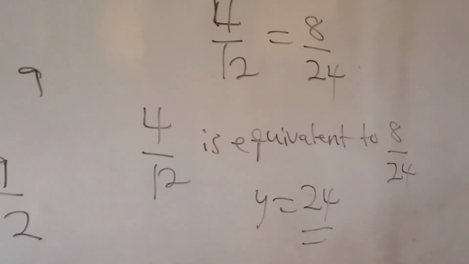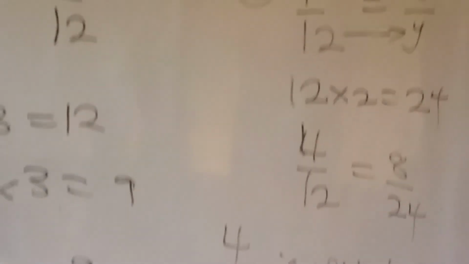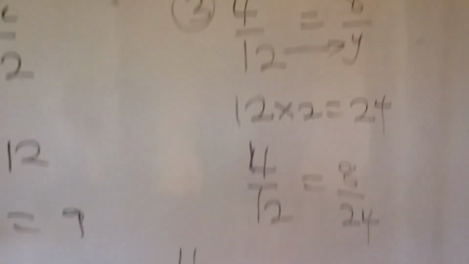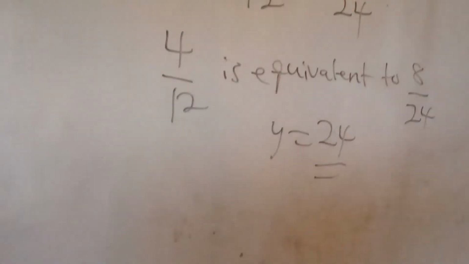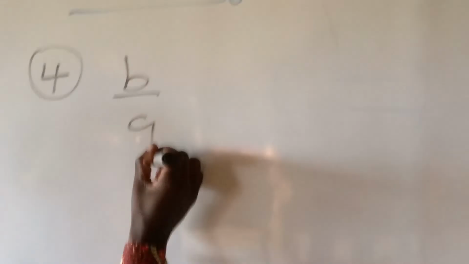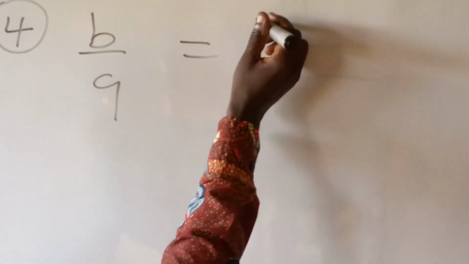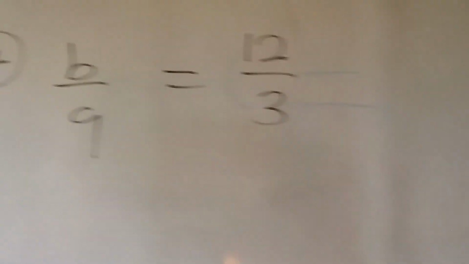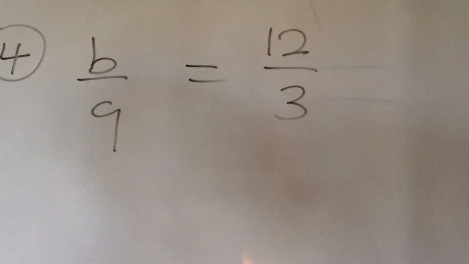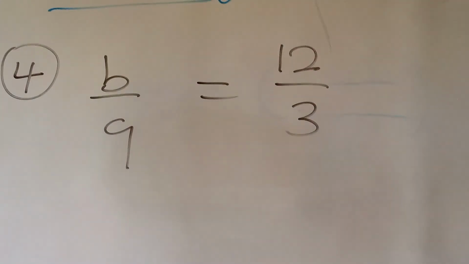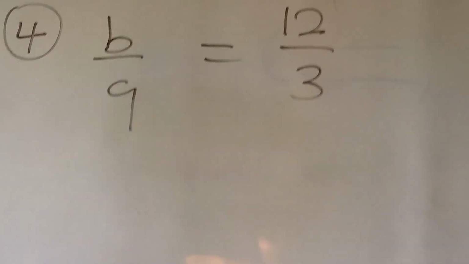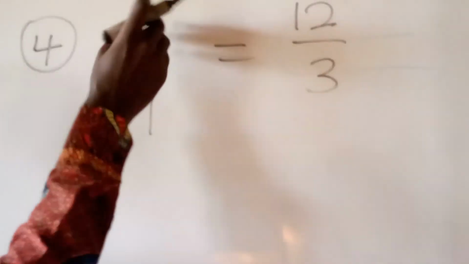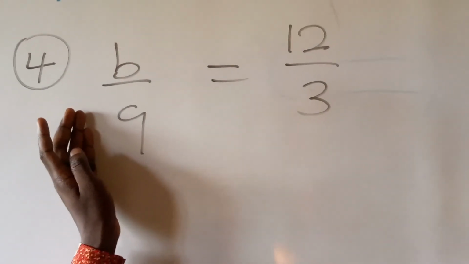Let's take another example. Example 4. b over 9 is equal to 12 over 3. One may say this question is not correct, but it's what? Correct. The reason why I'm saying this is that this time we are seeing the variable at the left hand side of the equation but not at the right hand side.